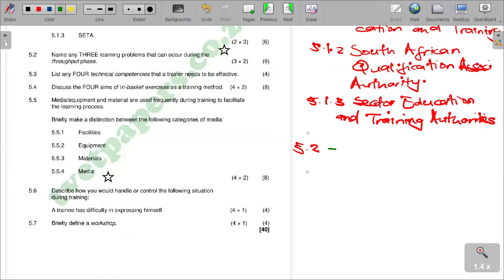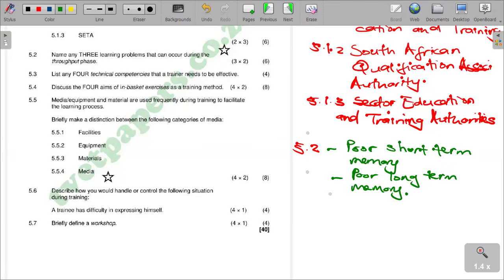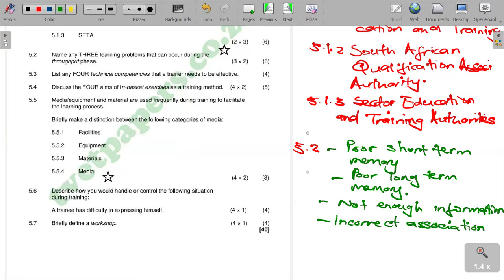You can find that there are problems like poor short-term memory, poor long-term memory, not enough information, and incorrect association. These are the problems that can occur during the throughput phase.